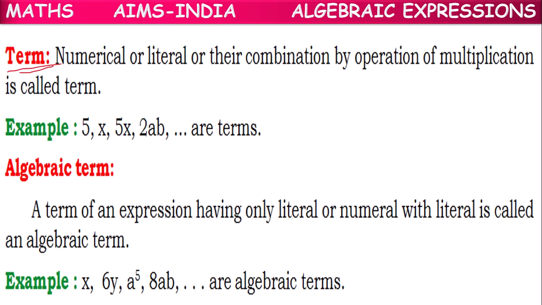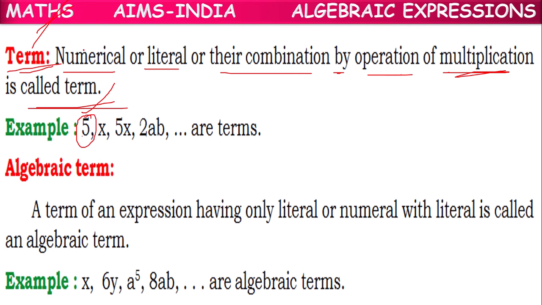So here term. So what is a term? Either the numerical or literal or their combination by operation of multiplication is called a term. So suppose here 5 is there, it is only the numerical, it is a term.